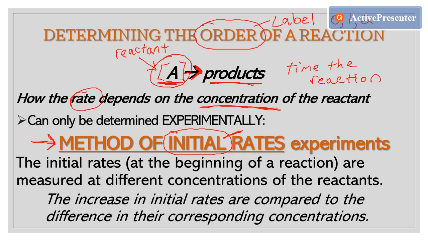So the initial rates at the beginning of a reaction are measured at different concentrations of the reactants, and you do one experiment at a time, and in each experiment you change the concentration of the reactant, and you time how long it takes for the reaction to start happening with the different concentrations.